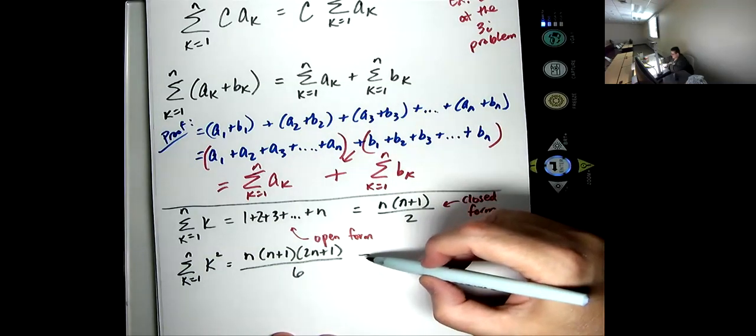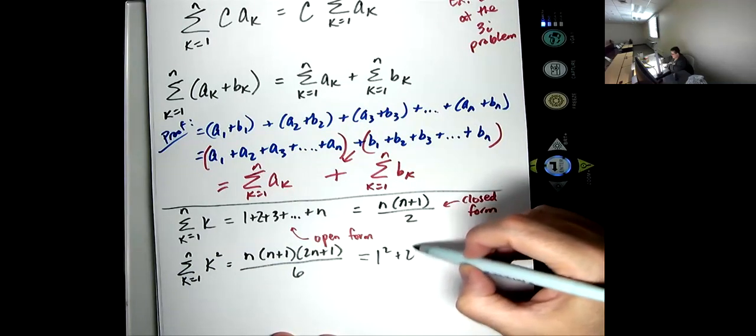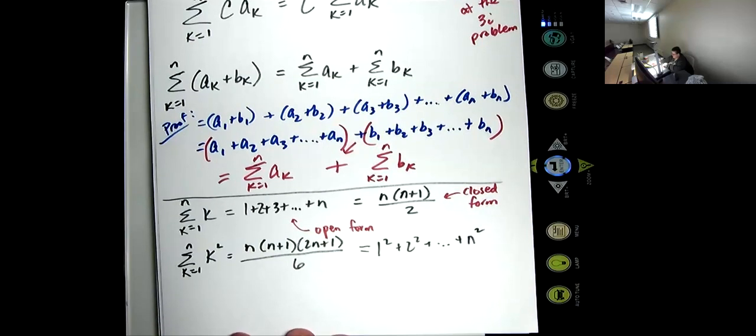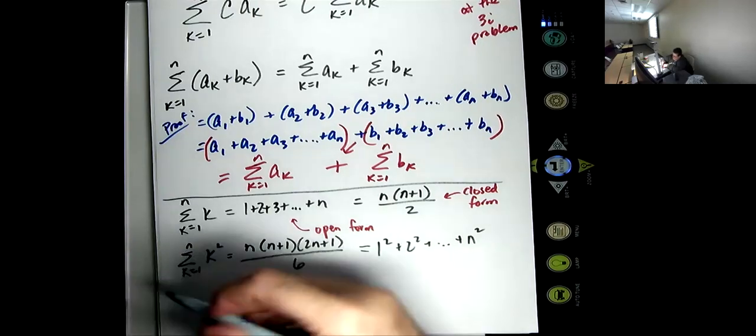This is 1 squared plus 2 squared plus dot dot dot plus n squared. It feels like I have an extra n there. Maybe not. No, one of the n's goes away in division. And then the cubic one.